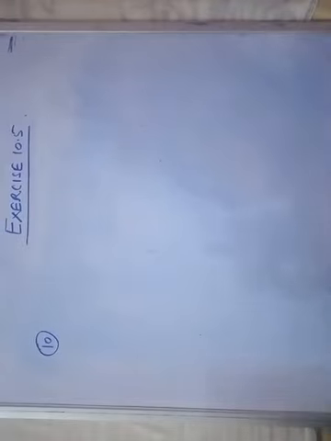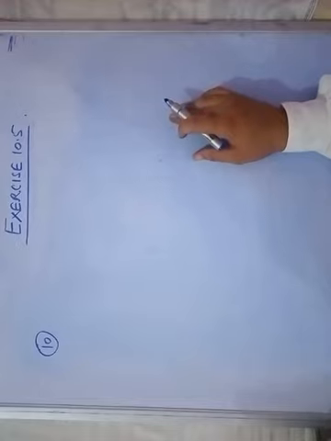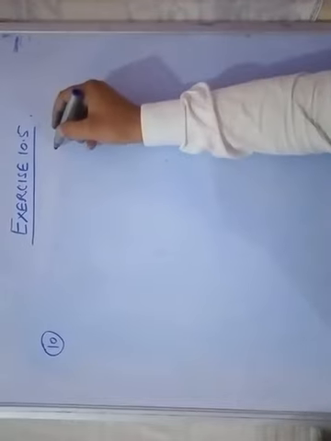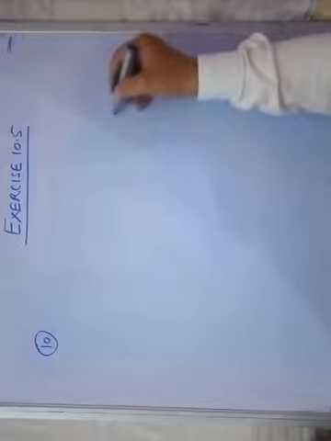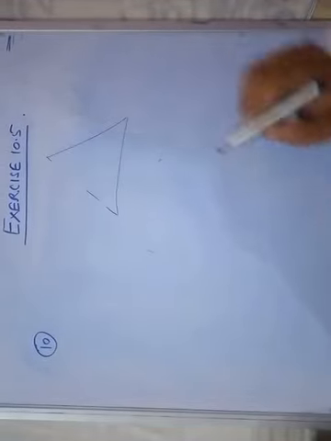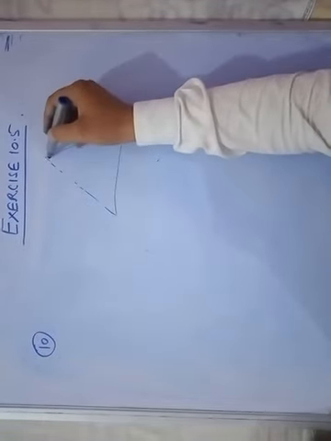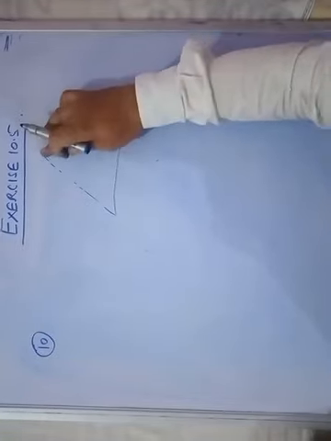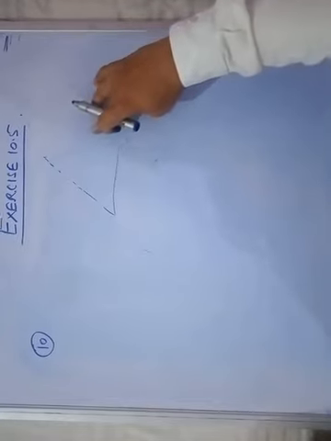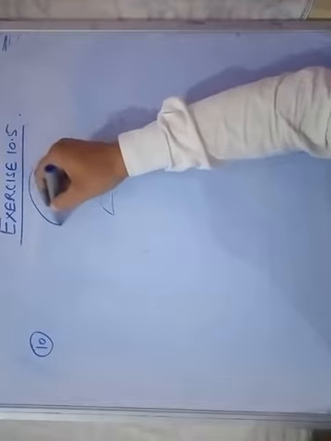So question number 10. If circles are drawn taking two sides of a triangle as diameter, let ABC be any triangle, and two circles drawn taking its sides as diameters.